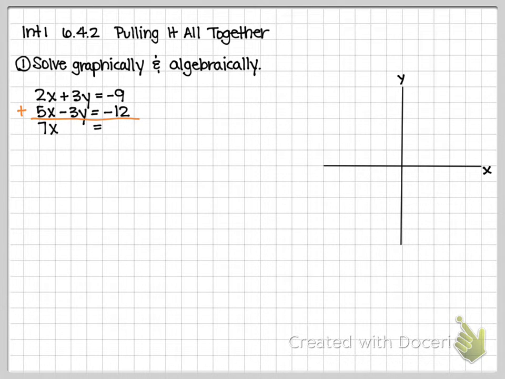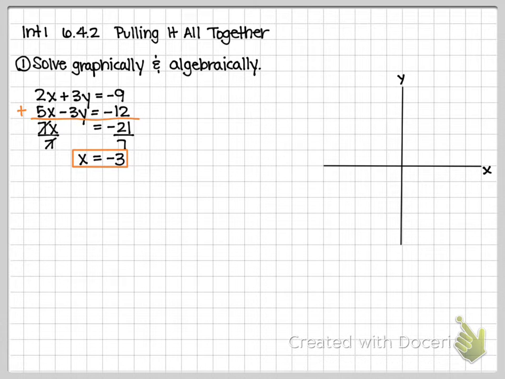Negative 9 minus 12 is negative 21. And then let's divide by 7. And this does divide evenly, so we get x is equal to negative 3. Okay, there is the first part of our answer. Remember that we still need to find the y that goes with this.